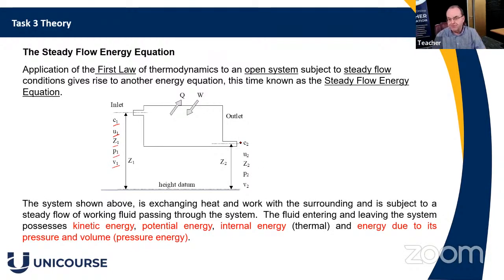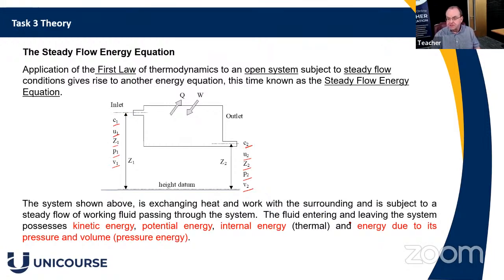We've also got to look at the fluid flowing out. The fluid flowing out will have velocity, also has internal energy, has a height due to its position, it has pressure, and it has a volume. So they all form parts of the energy flowing in and the energy flowing out. So the system is exchanging heat and energy with the surroundings, but it's also going to be subject to flow of a working fluid which passes through that system.